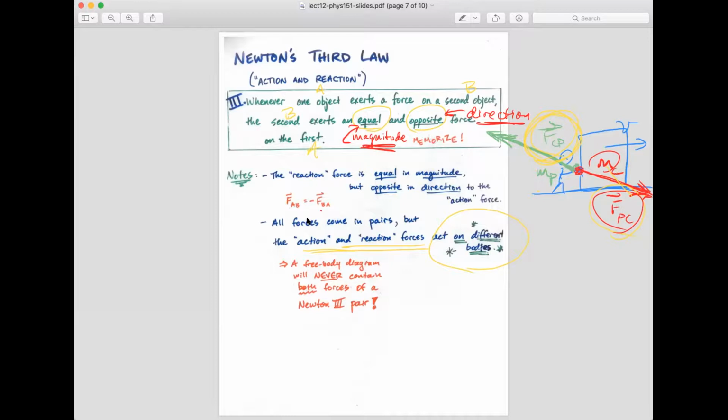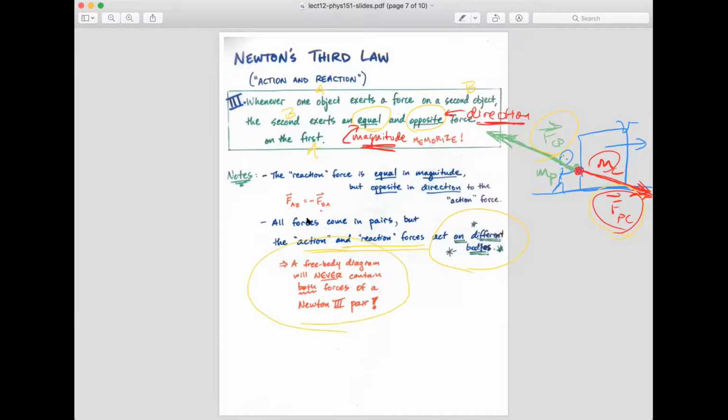So again, the red force is on the crate, so you would only put it in a free body diagram of forces acting on the crate. The green force is on the person, so you would include it in any free body diagram of forces acting on the person.